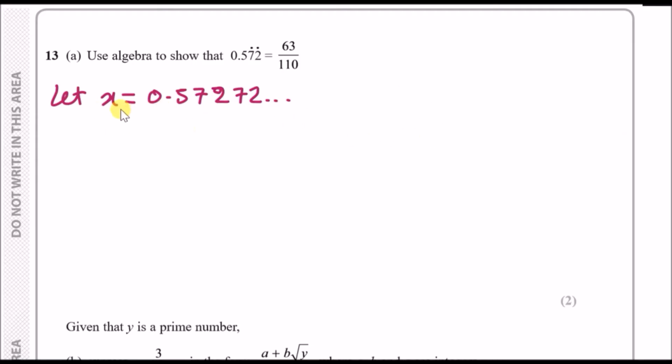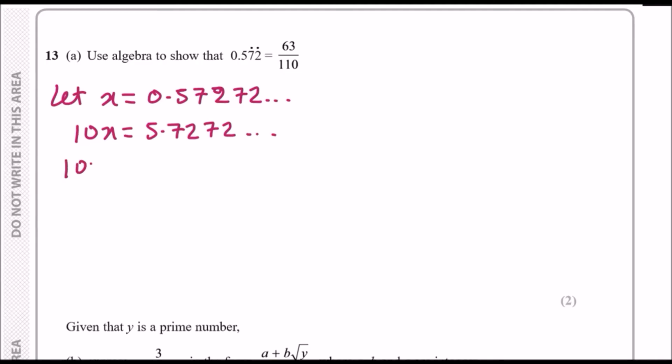So let's multiply both sides by 10. This tells us that 10x equals 5.7272. And we ask ourselves, are the numbers lined up yet? Well, they aren't, because now you've got 5 and 7, 7 and 2. So the objective is to make them line up. So I'll multiply this by 10 again.